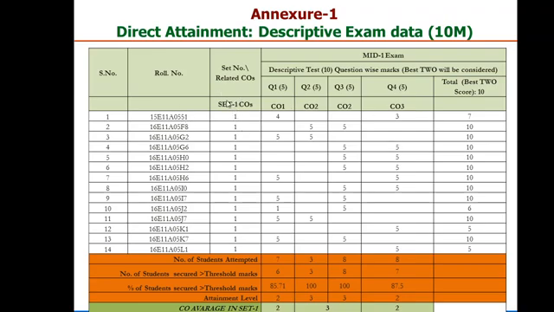Now set 1 question paper: these number of students got the set 1 question paper. Then it has 5 questions. Each question carries 5 marks. So question wise related COs are mapped here. Question 1 mapped with CO1, question 2 mapped with CO2, question 3 mapped with CO2, question 4 mapped with CO3.